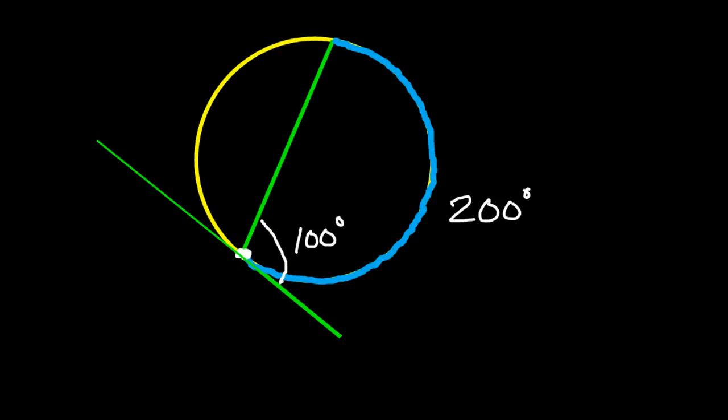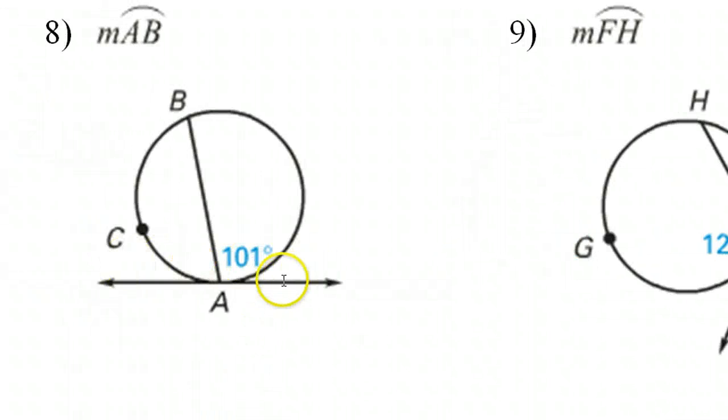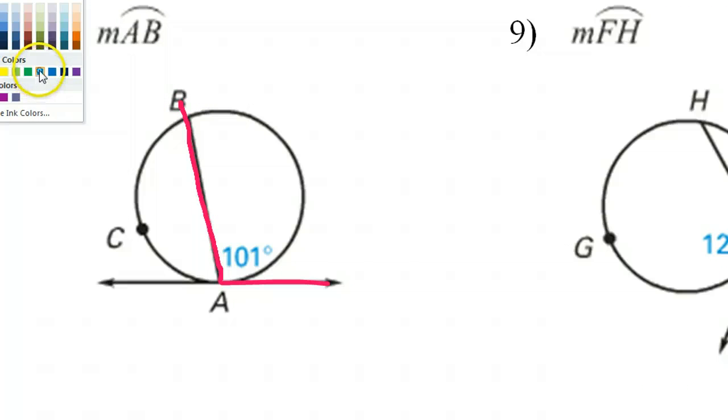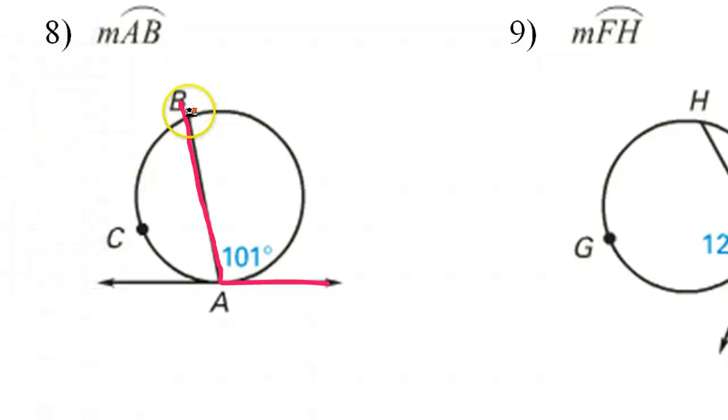Because if you look at this problem, number 8, this is the situation that we're in. If you look at this angle right here, this angle is an inscribed angle. This counts as an inscribed angle, and this arc would be the intercepted arc.